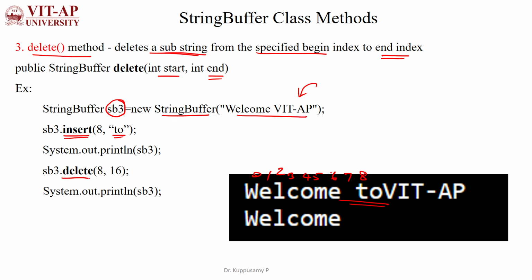Then we are deleting the characters from the 8th position to the 16th position. So now 8 9 10 11 12 13 14 15. So here we are going to delete from the 8th position to the 16th position. So when you are deleting that, you will lose this substring.